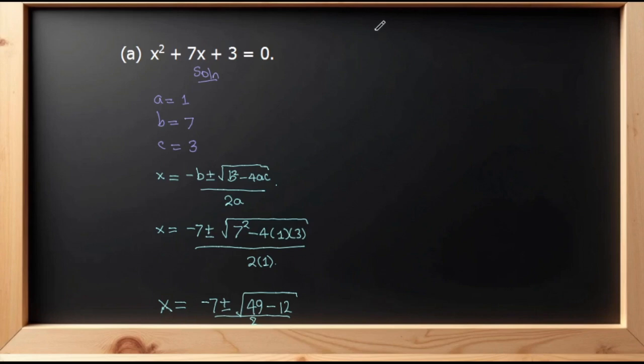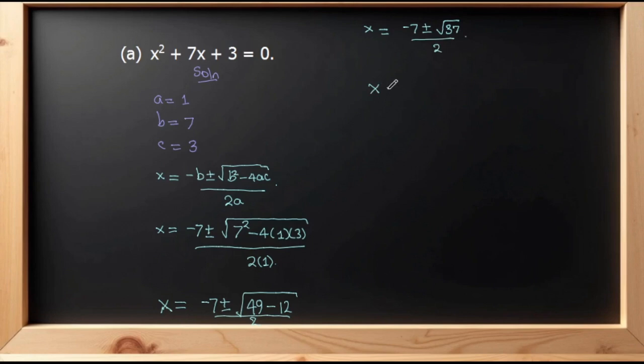Now we can push on up here and say x is given by negative 7 plus or minus, and if you simplify this bracket, you will have 49 minus 12, which results in 37. And since 37 is not a square number, we can maintain it like that, over 2, then we can split to get our solutions.